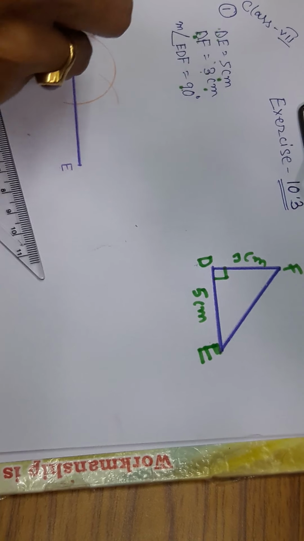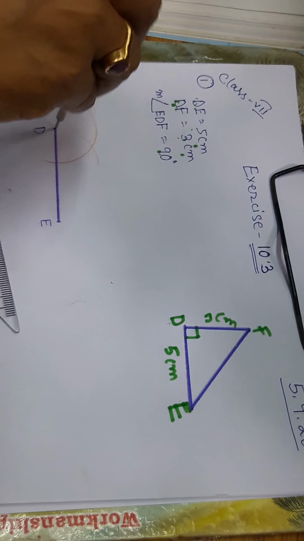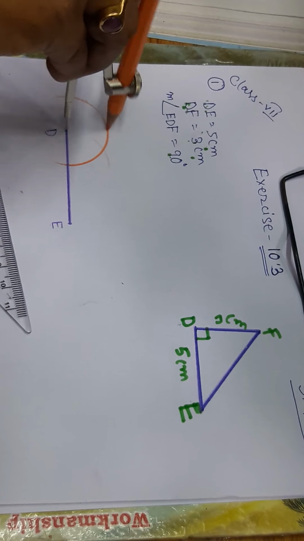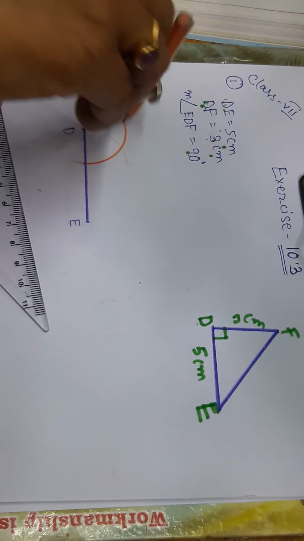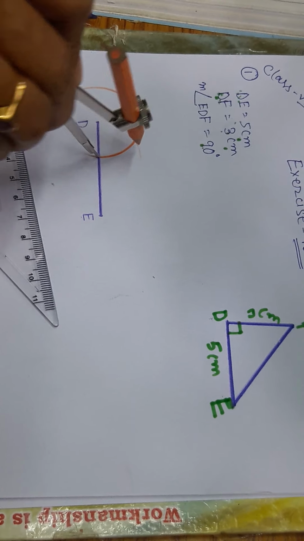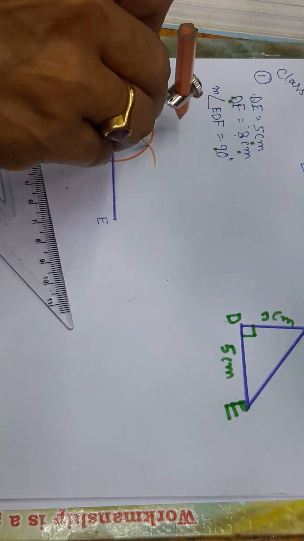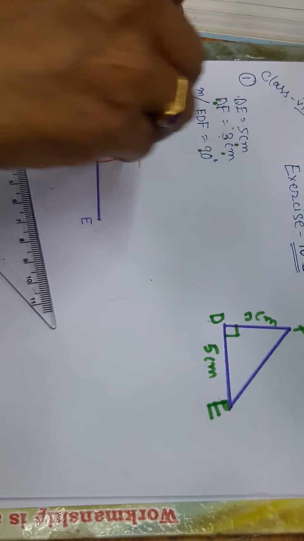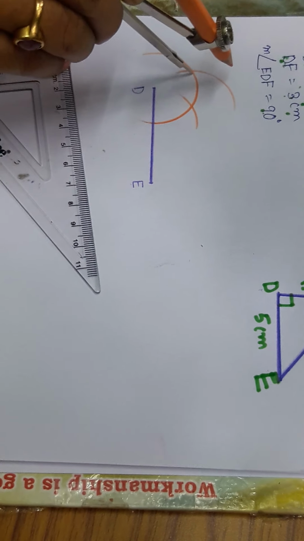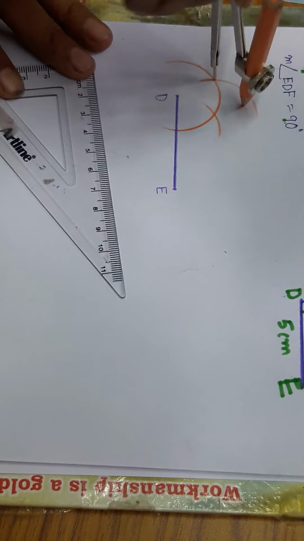What I have done here, you can notice that I have taken any radius and drawn a big arc, as I want to draw an angle of 90 degrees without disturbing the compass. Just complete this to get an angle of 90 degrees. Yes, it's going to be finished. Here is another intersection. Yes, this is the final intersection I have got.